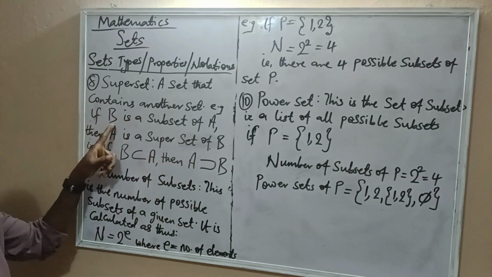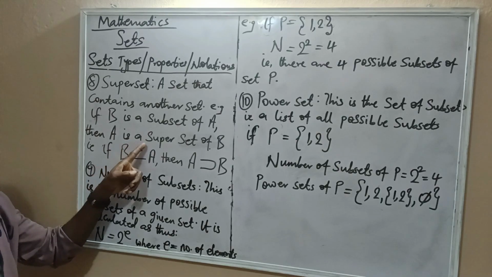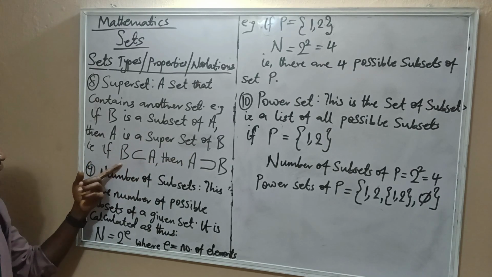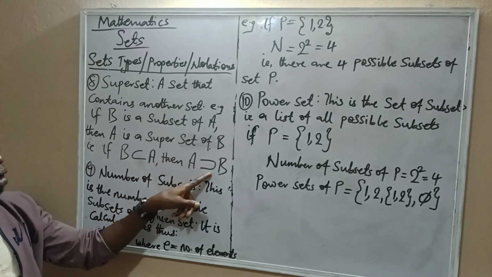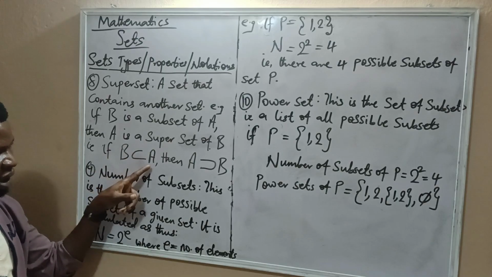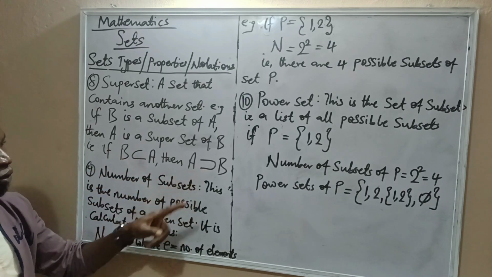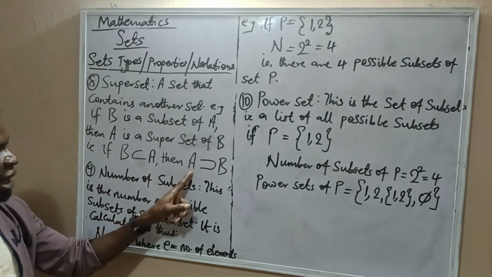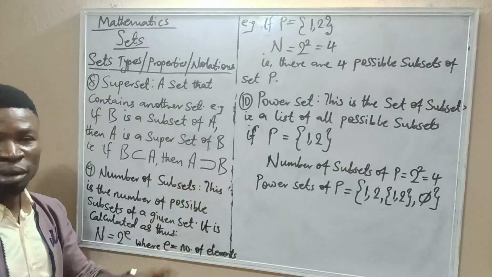Example, if B is a subset of A, then A is a superset of B. That is, if B is contained in A, then A contains B. This symbol stands for is contained, while this one stands for contains. That means B is inside A, and then A houses B.